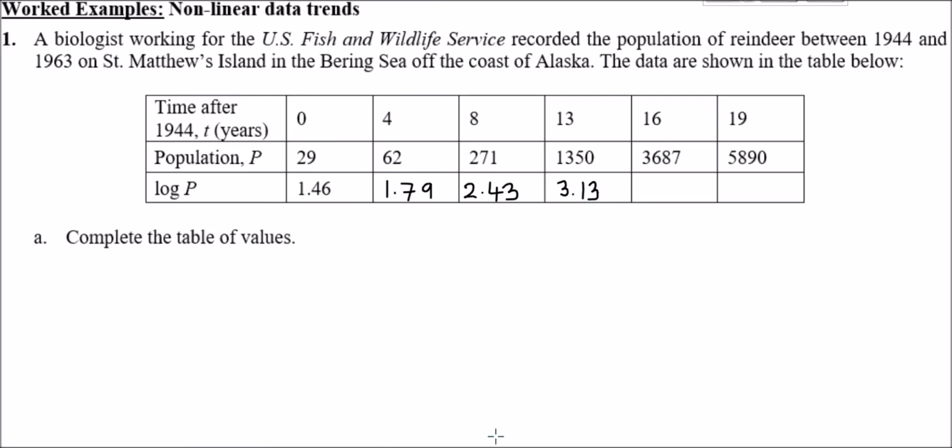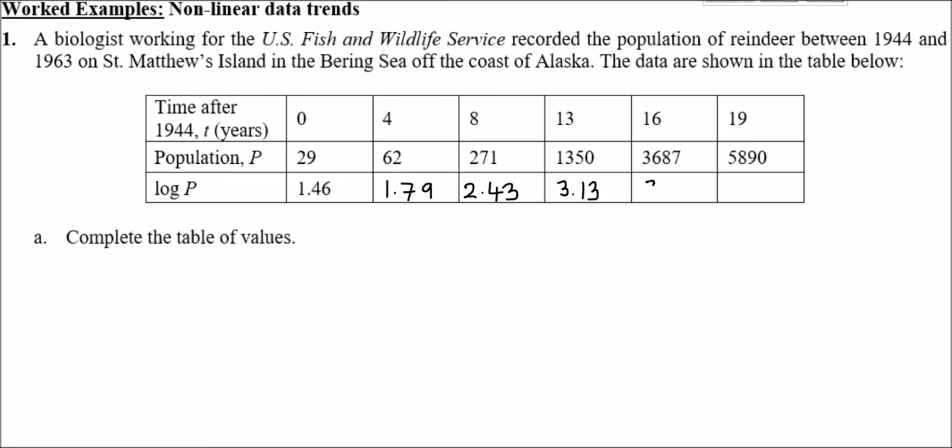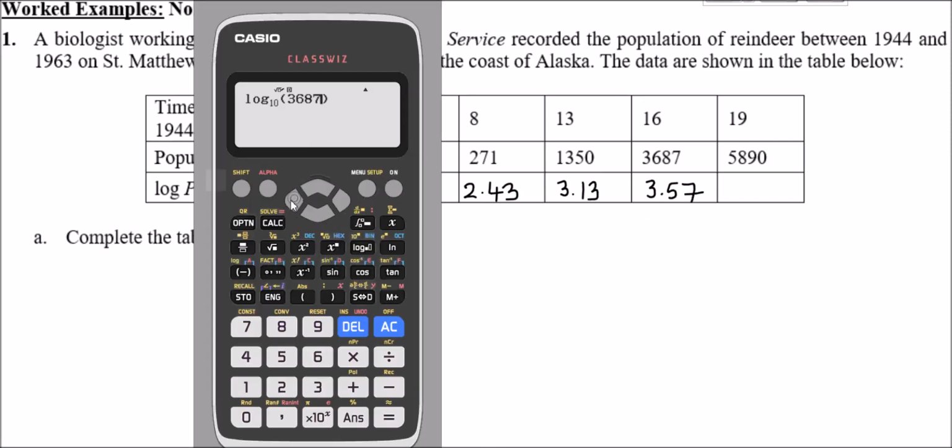Next one, log of 3687. That gives me 3.57 to 2 decimal places. And finally, the last one, log of 5890. That gives us 3.77.